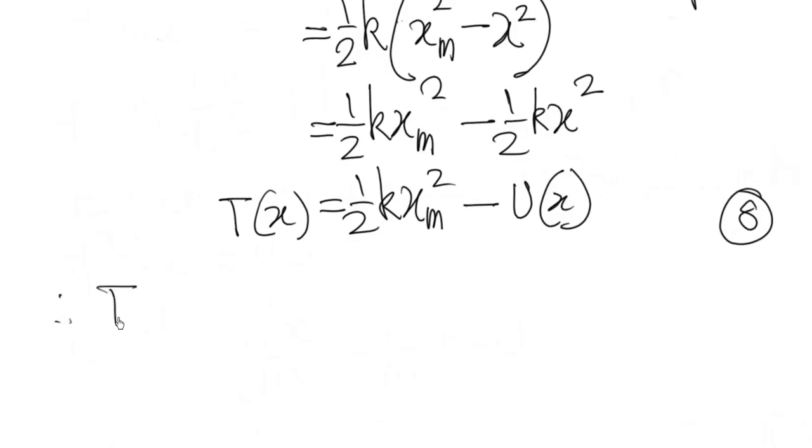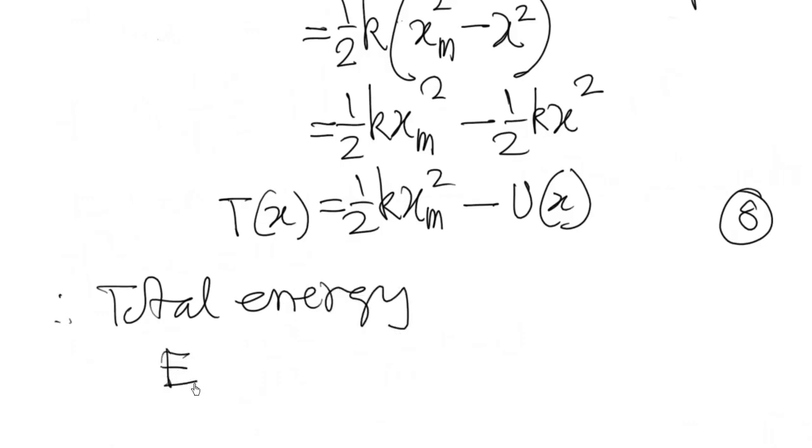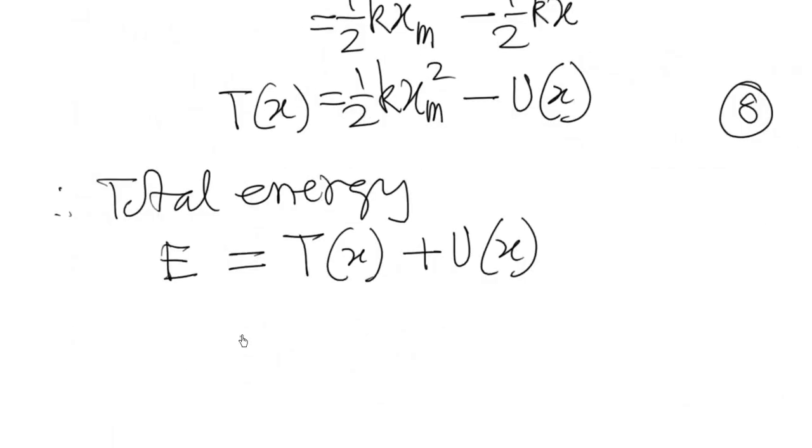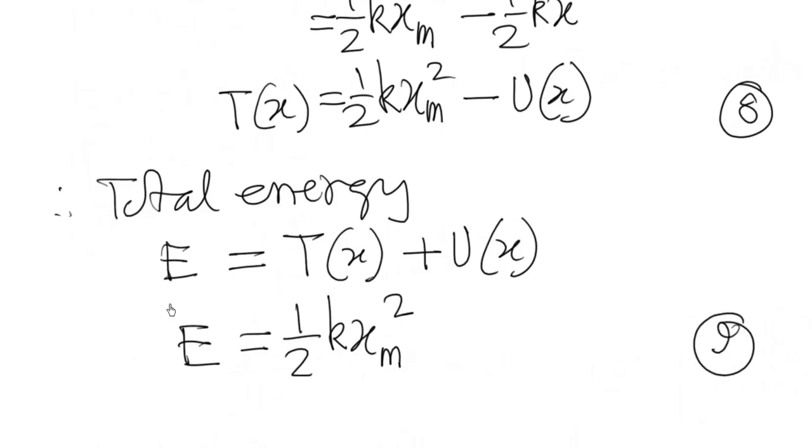Therefore, the total energy E is T plus U, and if you add this 7 and 8, you will get half k xm square. This is equation number 9.